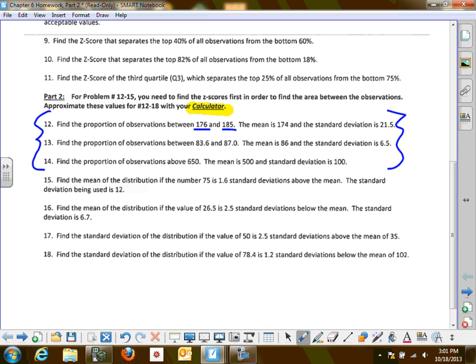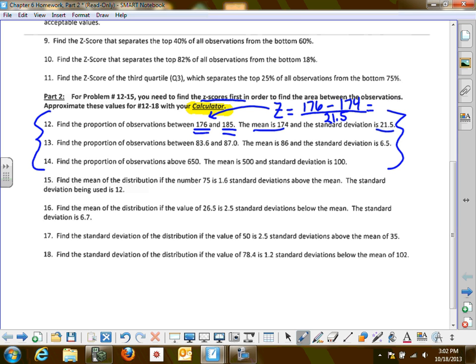It says here, you want to find between 176 and 185. Well, those are not z-scores, because z-scores are numbers like 1, 2, and 3, or any decimals in between there. So the problem is that you have to find the z-scores first in order to be able to do these problems. So let's do that for this first part here. Z equals your data, which is 176, minus the mean, 174, divided by the standard deviation of 21.5.